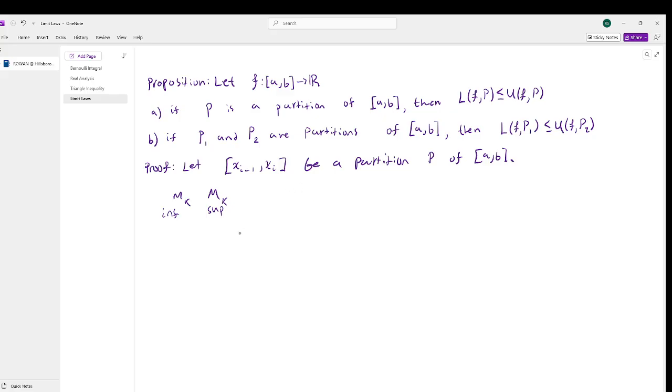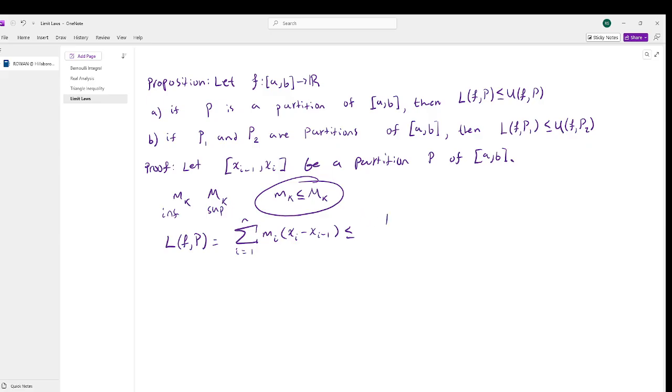Since one is the infimum and the other is the supremum, there's a result that says the infimum is less than or equal to the supremum of the set, and they're both over the same interval, so clearly m sub k is less than or equal to capital M sub k.